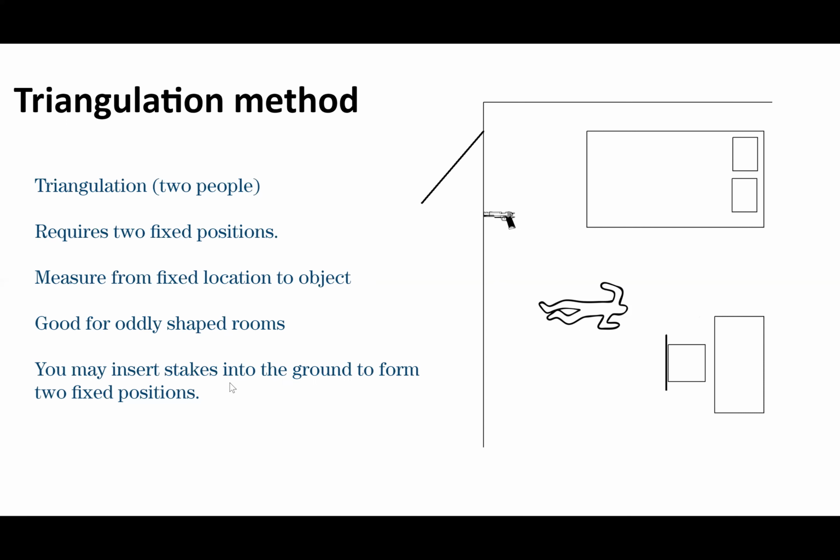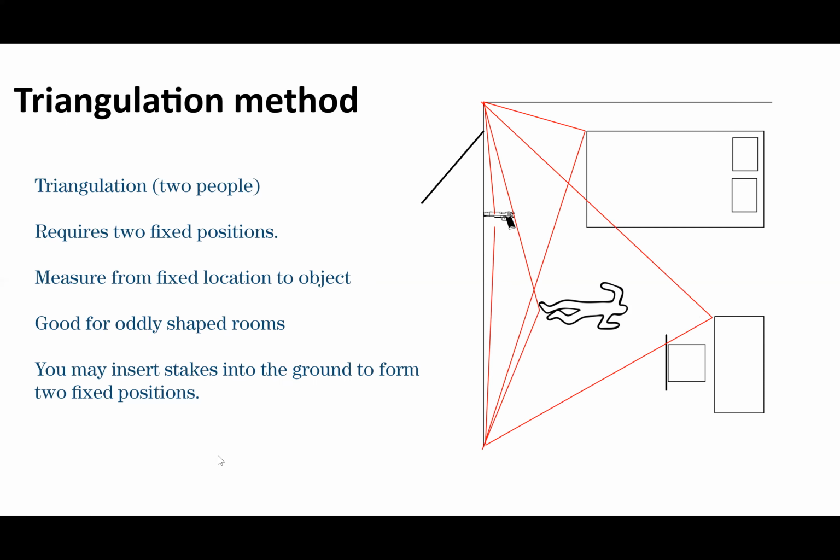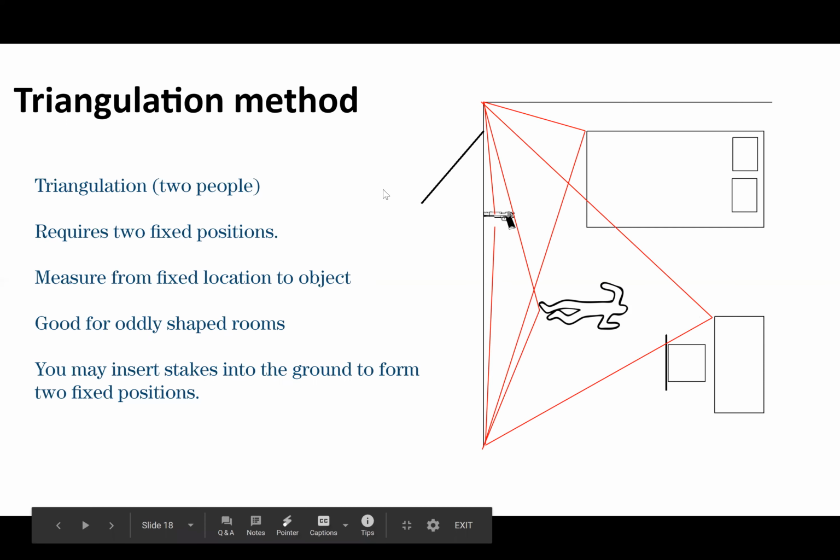You may insert stakes into the ground to form two fixed positions also, if you're outside. So how is this one done? Something like this. If it is in a room, they often choose the corners of the room as the two fixed positions. So in this drawing, this corner and this corner of the walls, you have to pretend there's a wall here again.